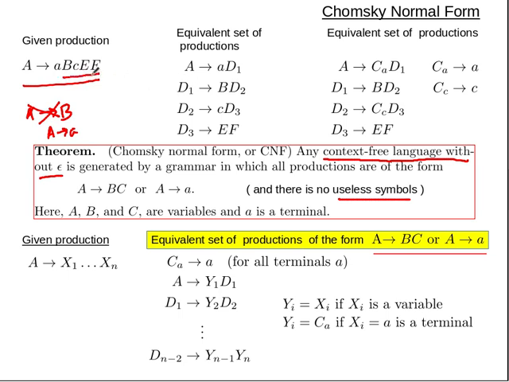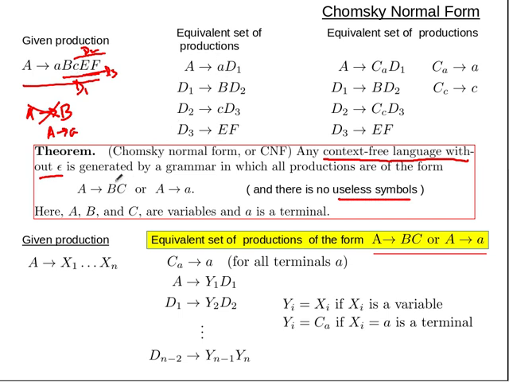D1 goes to B D2, D2 goes to C D3, and D3 is EF.